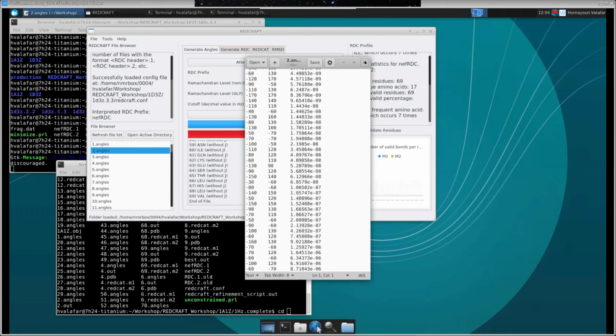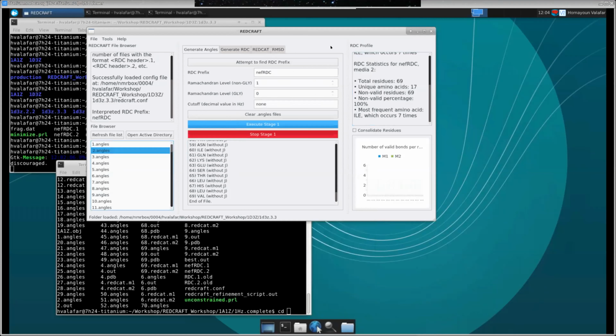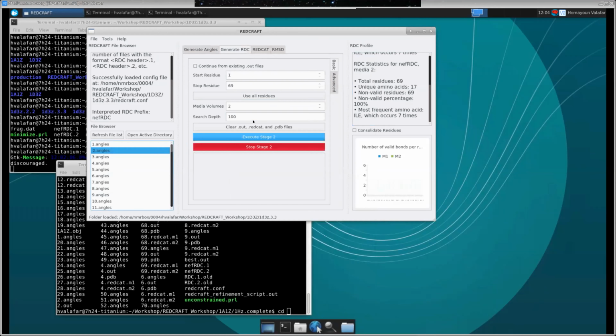This is because at this point, you're operating based on an underdetermined system. You just don't have enough residual dipolar couplings in order to decipher the fitness of one geometry versus the other geometry. So at this point, stage 1 provides very little useful information.